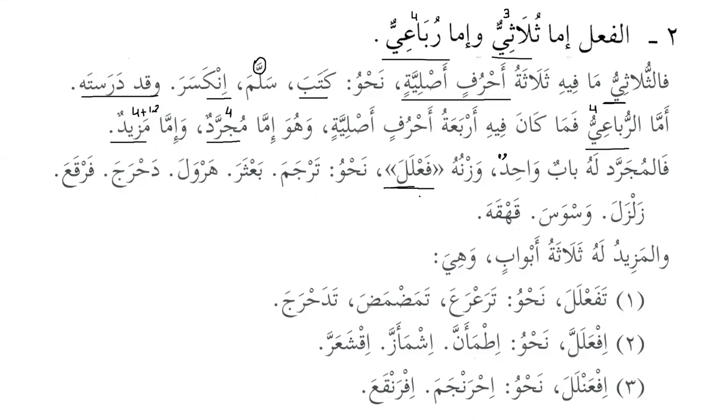waswasa, right? Waswasa yuwaswisu waswasatan wa wiswasan. For example, tarjama, he translated, ba'thara, to scatter, harwala, to walk faster, dahraja, to roll, and farqa'a, to crack the fingers, like to knuckle, as we say, and zalzala, to shake violently, and then waswasa, we have learned, to whisper, and qahqaha is to giggle. Okay, so these are all الرباعي المجرد. So tarjama, yutarjimu, ba'thara, yuba'thiru, harwala, yuharwilu, dahraja, yudahriju, farqa'a, yufarqi'u, zalzala, yuzalzilu, waswasa, yuwaswisu, qahqaha, yuqahqihu.